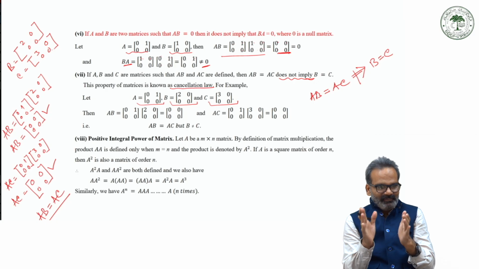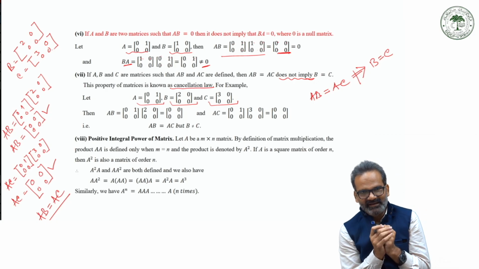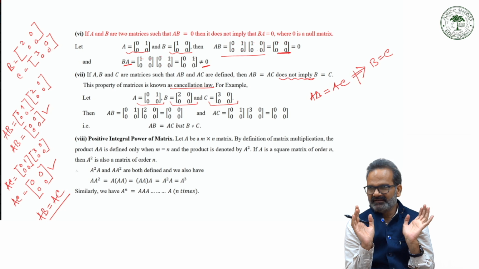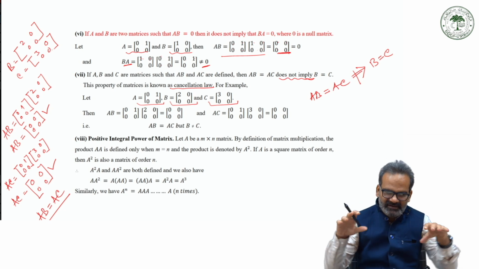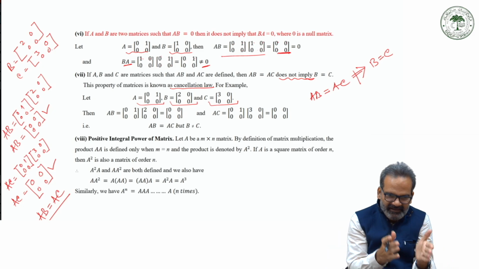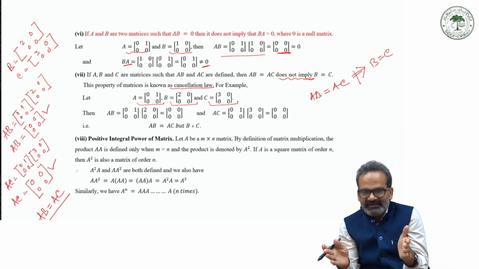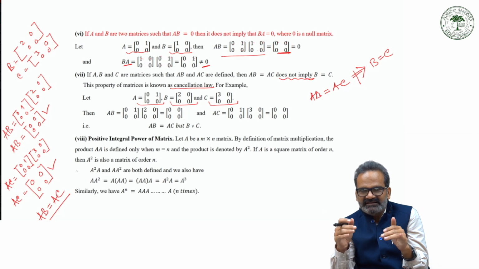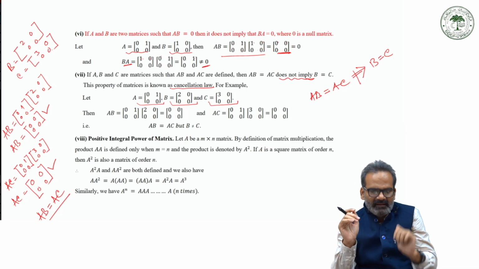AB and AC both are same, but B and C are completely different. So whenever we have three matrices A, B and C, and AB is equal to AC, then it never implies that B and C will also be equal.